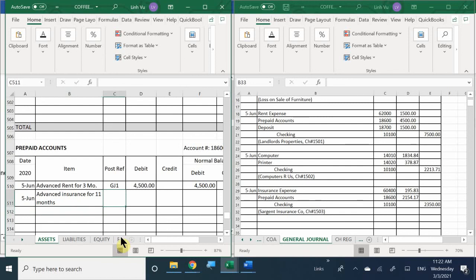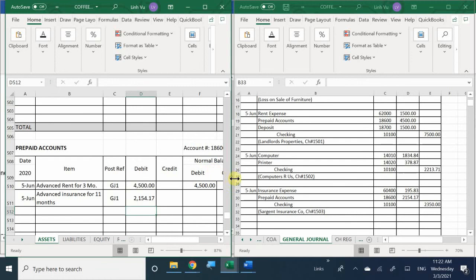And of course, we're still on the same journal page. And this time, I'm increasing my account by the $2,154.17. So, let's practice that formula once again.